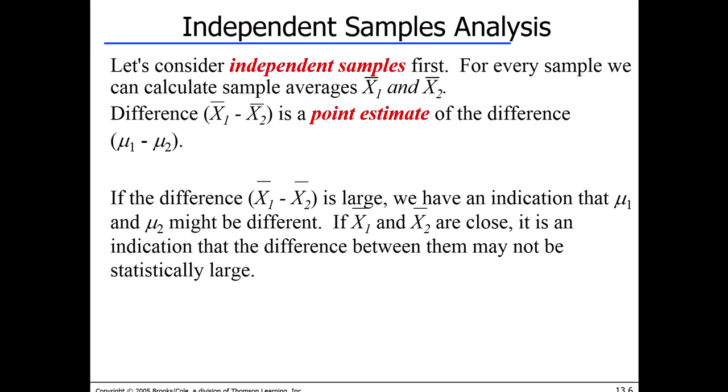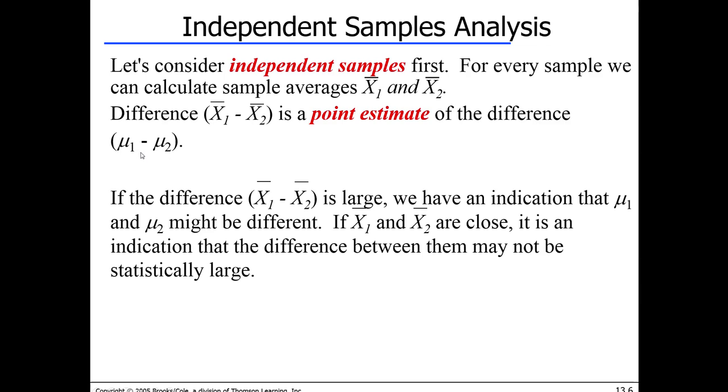As I was saying before, the evidence comes from samples, right? So we are going to look at sample number 1 and sample number 2. Eventually, at the end of the day, we're going to evaluate the difference: the average for population 1 minus the average for population 2.